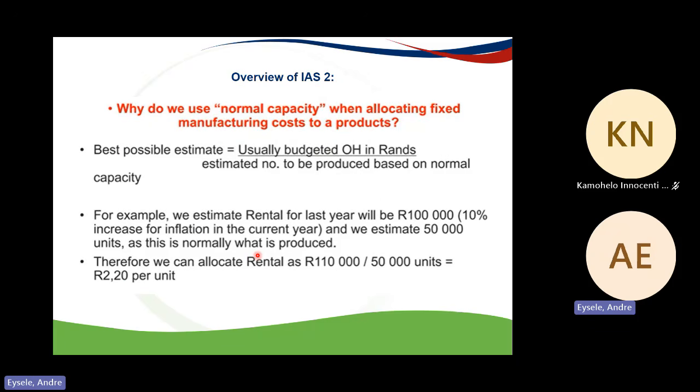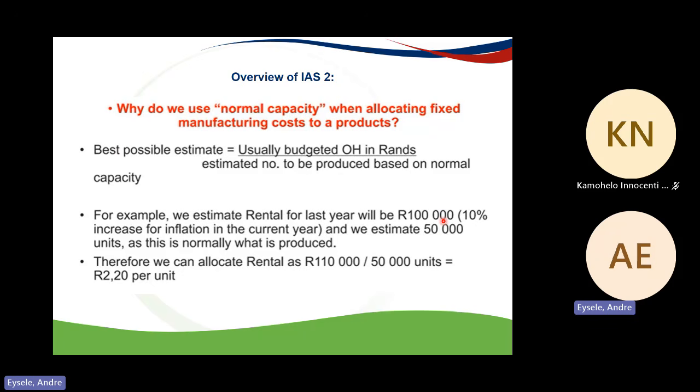Now, the best way is to explain it with an example. Colleagues, let's look at an example. We estimate that the rental for last year was 100,000 Rand, with a 10% increase for inflation in the current year. And we estimate 50,000 units, which is normally what is produced. So now that we know that 100,000 is what the rent was, we add the inflation.